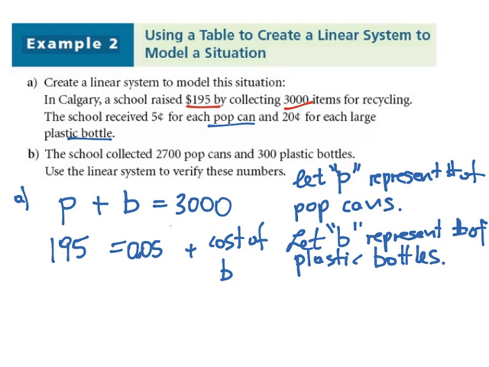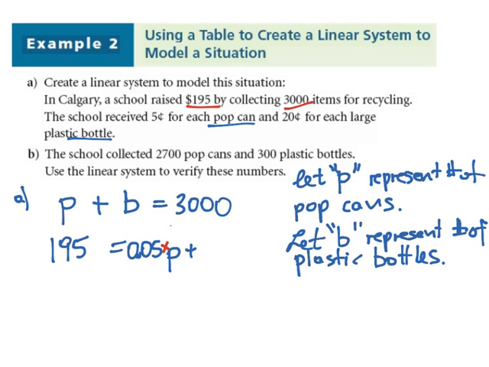So if we have one pop can, it's going to be 5 cents. If we have 2 pop cans, we have 10 cents. So we're going to multiply 0.05 by P. For the plastic bottles, which is described by B, each of the plastic bottles costs 20 cents. 2 will cost 40, 3 will cost 60.